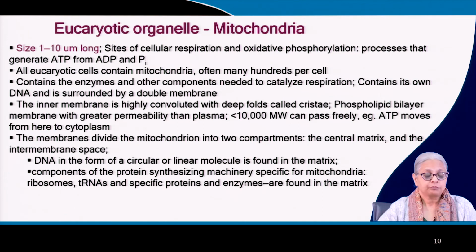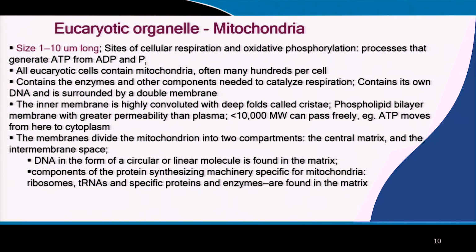The size of mitochondria is about 1 to 10 microns long. These are the sites of both cellular respiration and oxidative phosphorylation. These are long words which you don't really understand at this point unless you have studied some of this, but we will be covering this in detail in module 9.